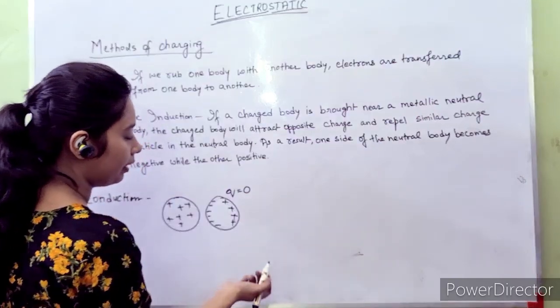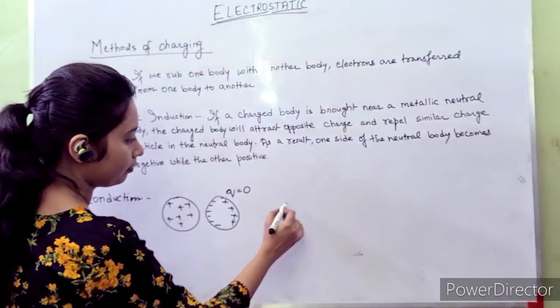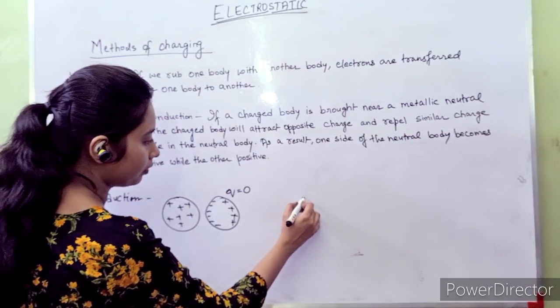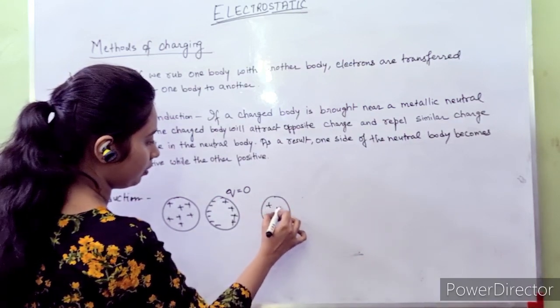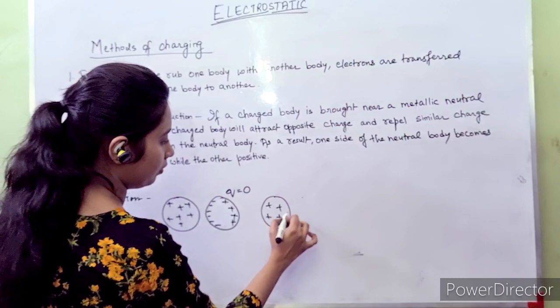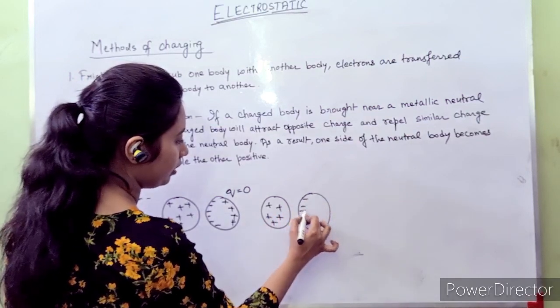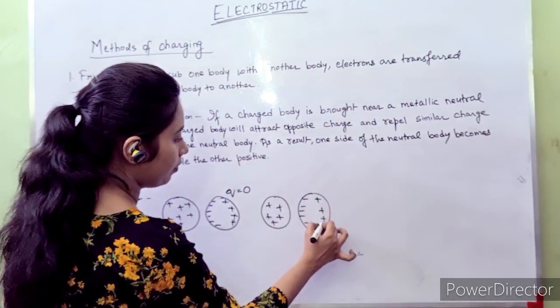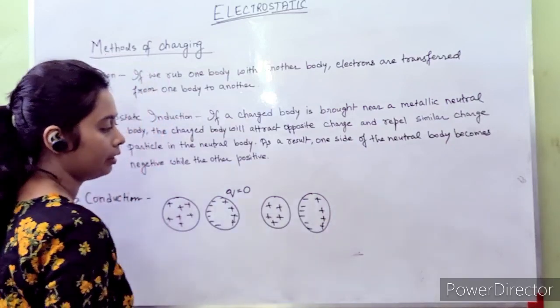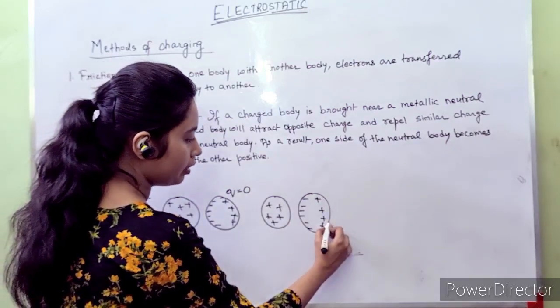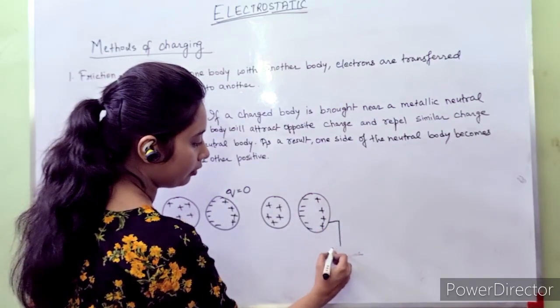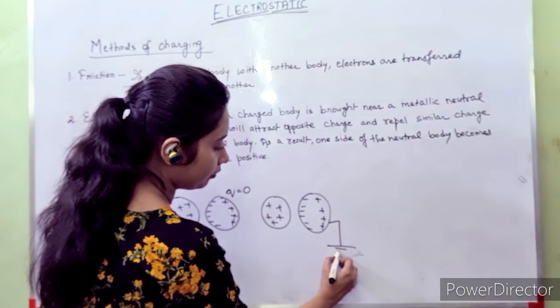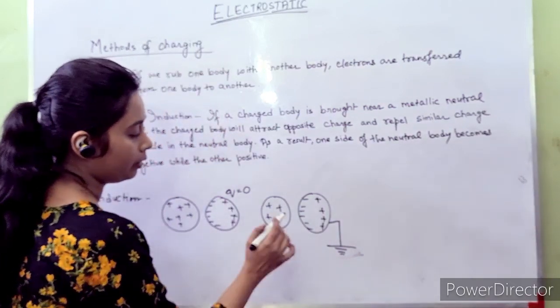What to do? Like, this is the negative charge and this one is the positive charge on this side. Now if I join this body with the earth, then what will happen?